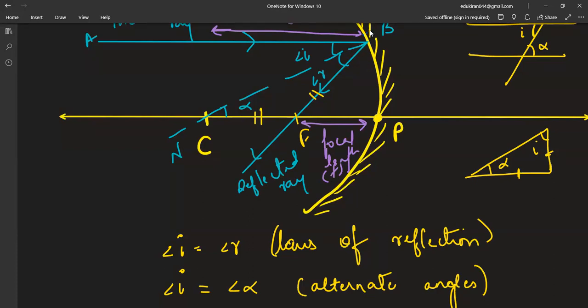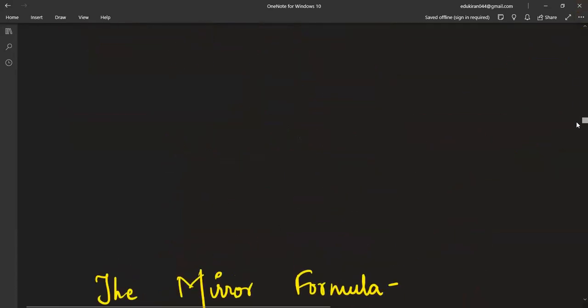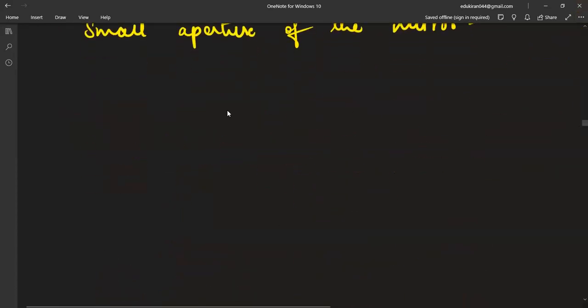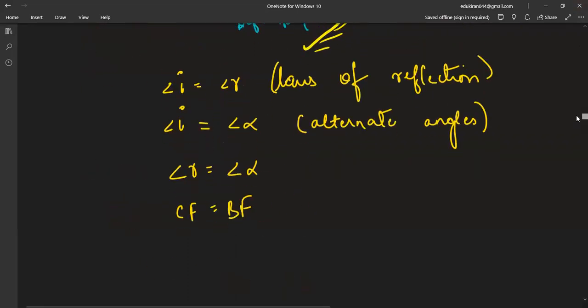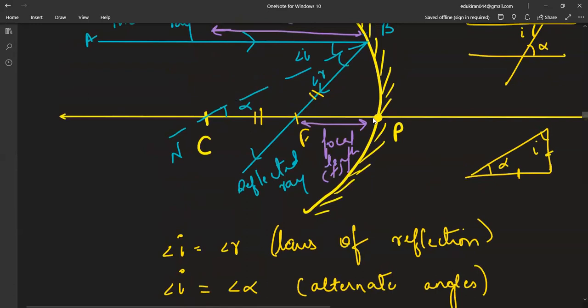So for a small aperture we can say BF is almost equal to FP. So CF is equal to FP. It means we can say CF plus FP is equal to R. What is the radius of curvature? CF plus FP.